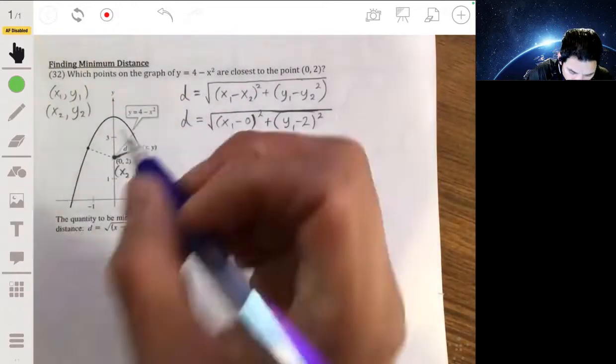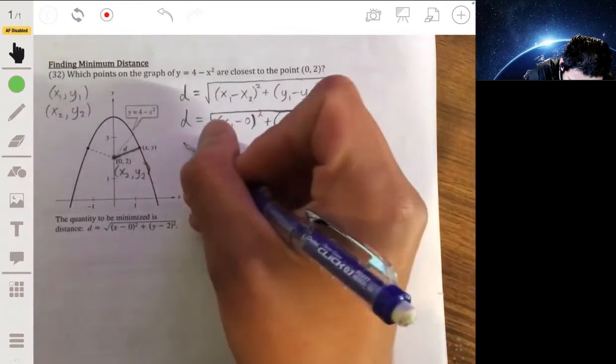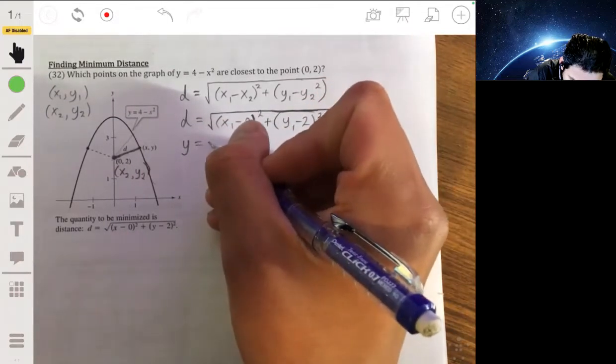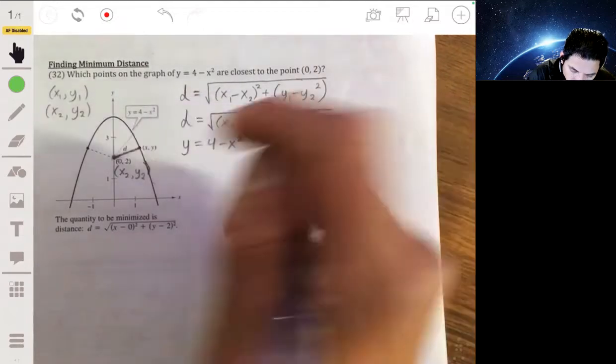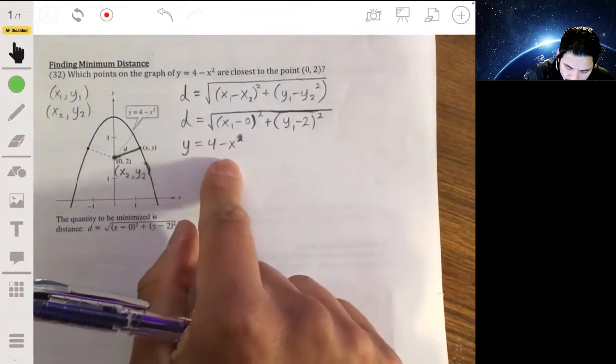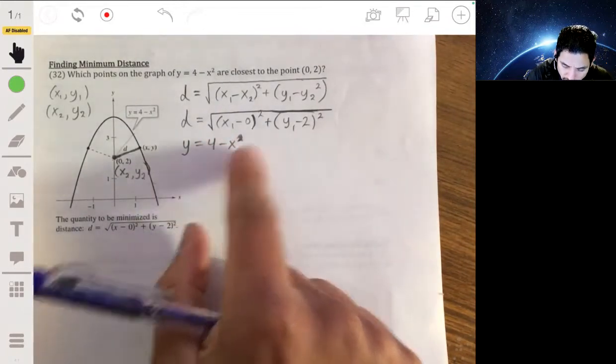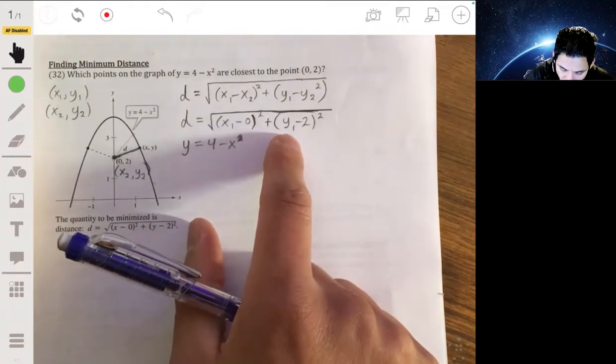We're given that the parabola's equation is y equals 4 minus x squared, because the parabola is a function of x. So any y value on this parabola can be given by this equation. So instead of having that y value there, we'll just make that 4 minus x squared.